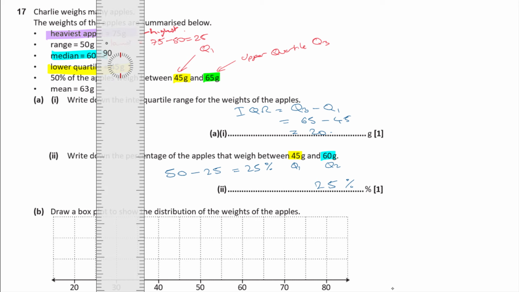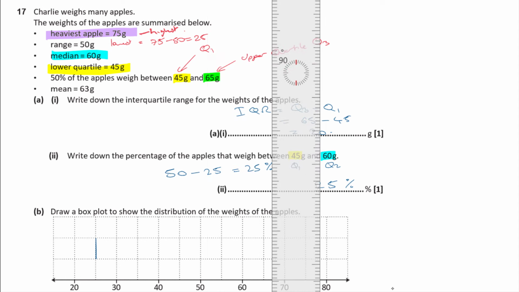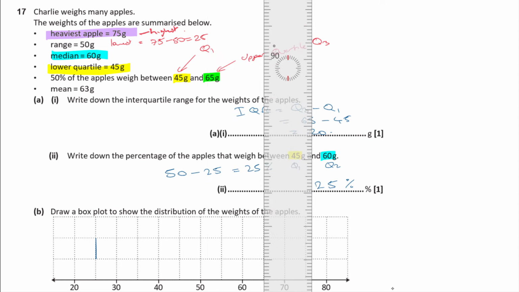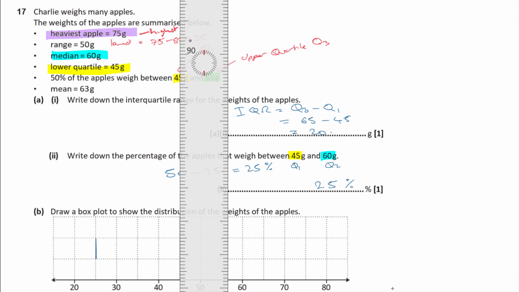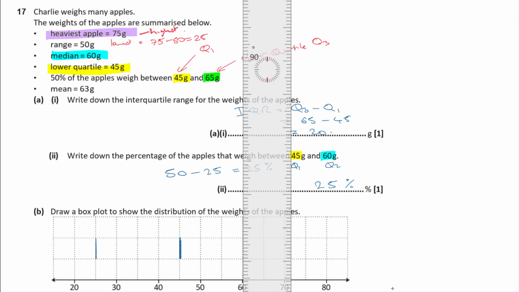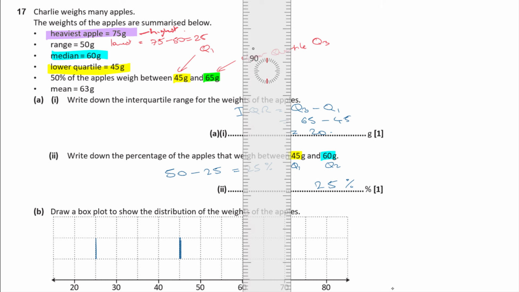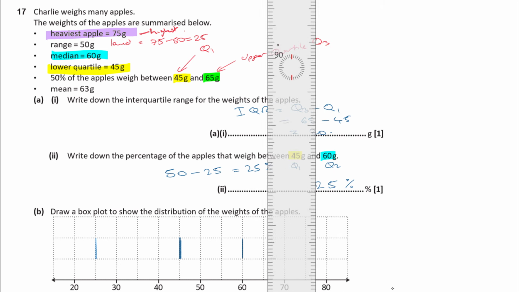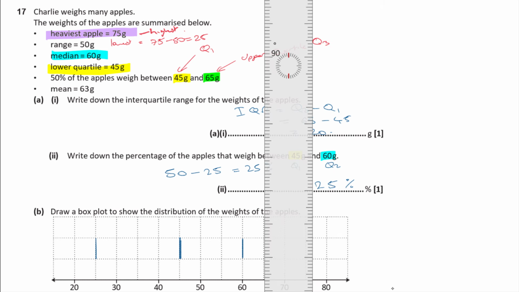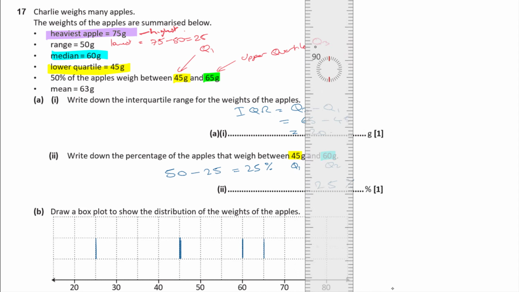So lightest apple at 25, lower quartile was at 45, median was at 60, upper quartile was at 65, and then heaviest apple was at 75.